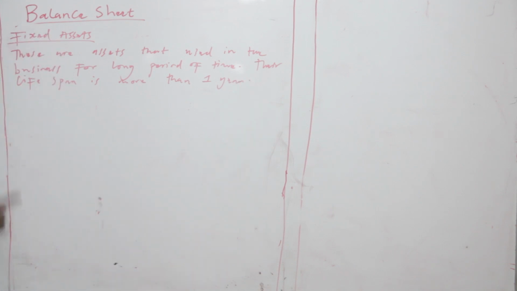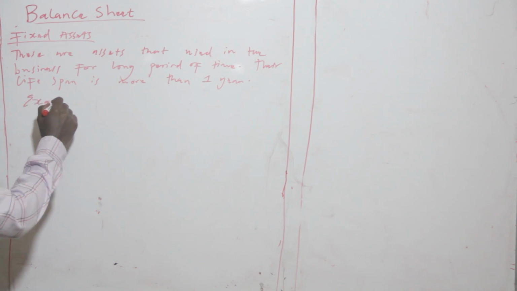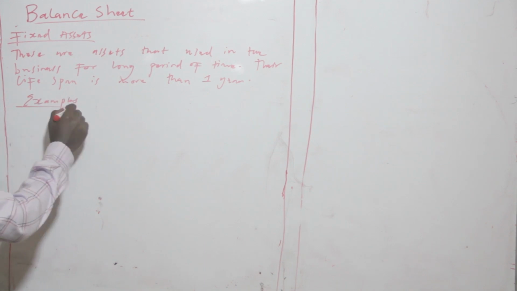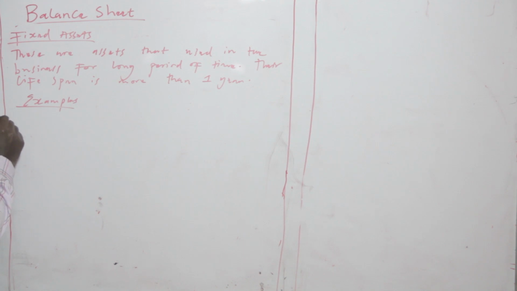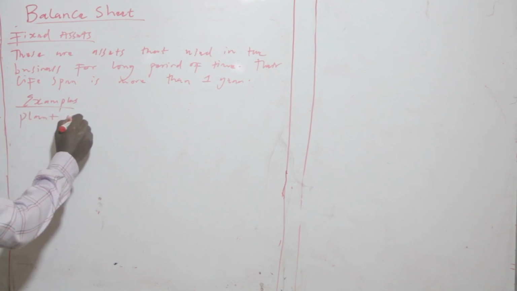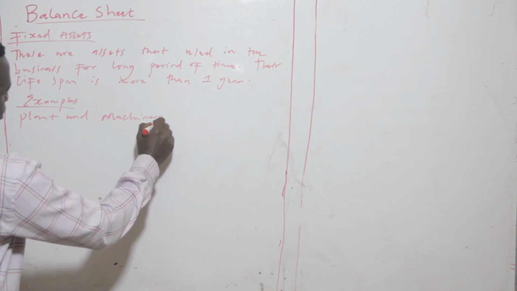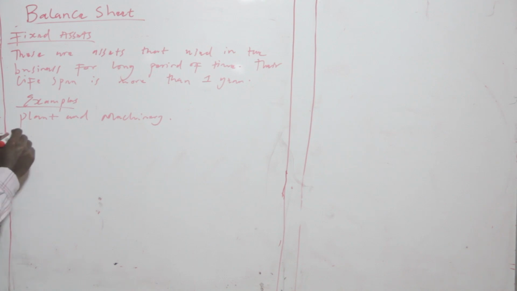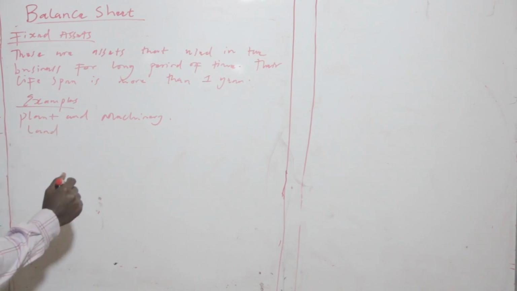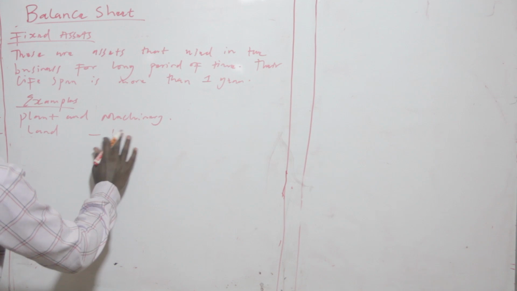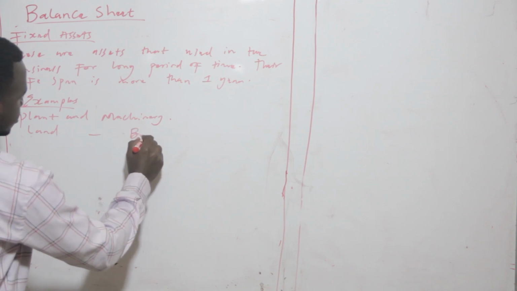Let us look at some examples of fixed assets. We have plant and machinery. Then the other example, we have land. Then we also have building.